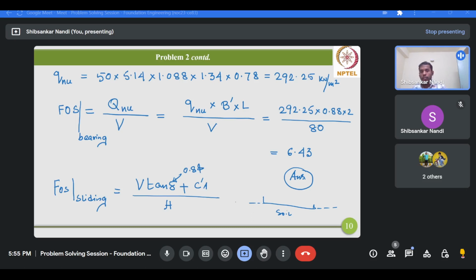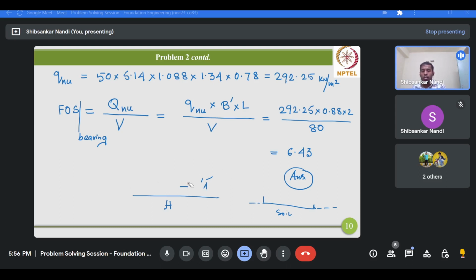And what is C prime? This is the adhesion along this base, and this is taken as 0.7 times cohesion. And A means the modified area, 0.88 times 2. Then this H value you also know, so you can easily determine the factor of safety. So this would be for the factor of safety against sliding.